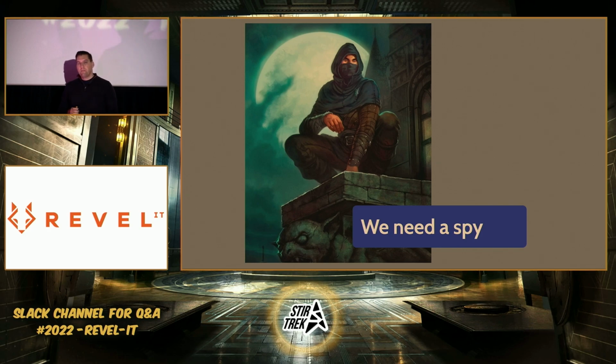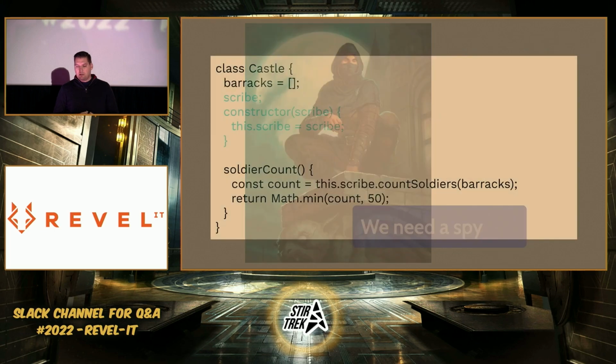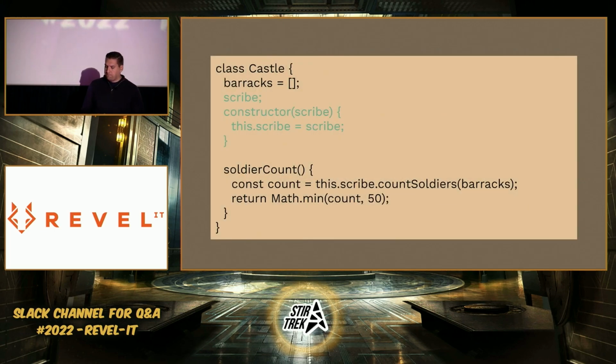Or actually, even better, if we could disguise our spy as the scribe and get him to take his place, now we'd be in business. We'd be set. We could really easily access the barracks, we could count the soldiers, and we could get the correct information. And so that's what we set out to do.